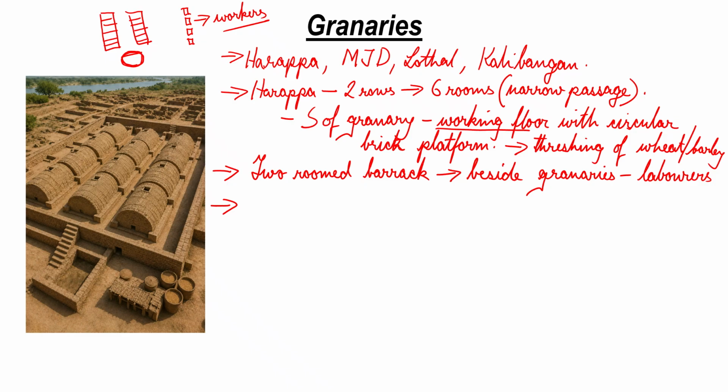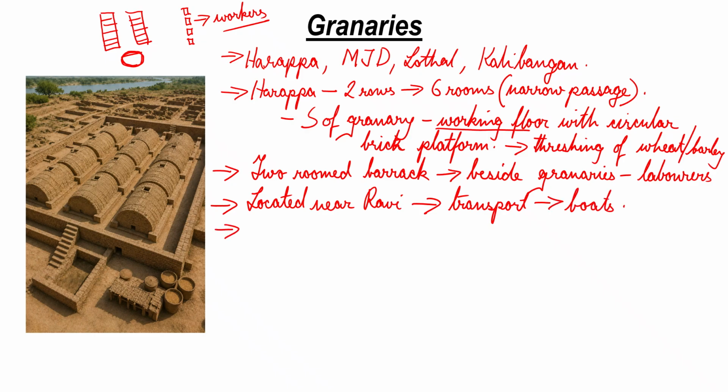So the granary in Harappa was located near Ravi. So it was located on the side of the Ravi river, which suggests that transport was there through the boats. So boat transport was prevalent. Then we have the evidence of raised platform.